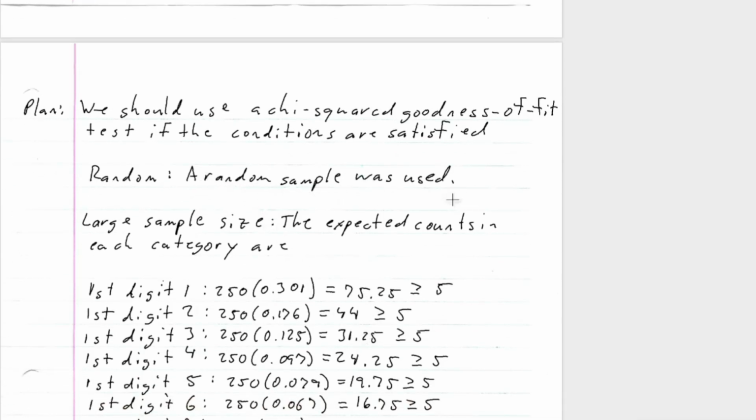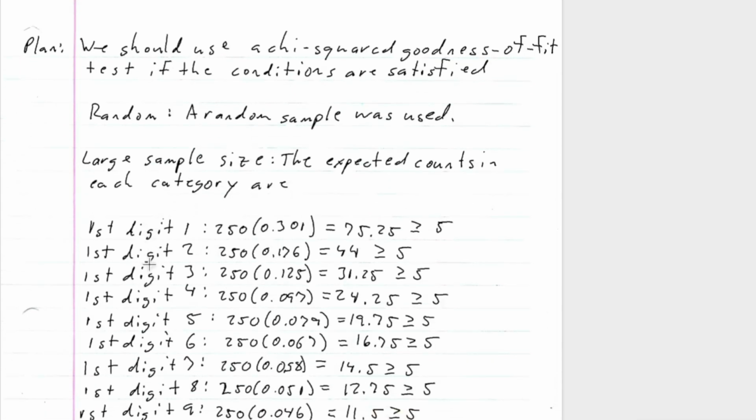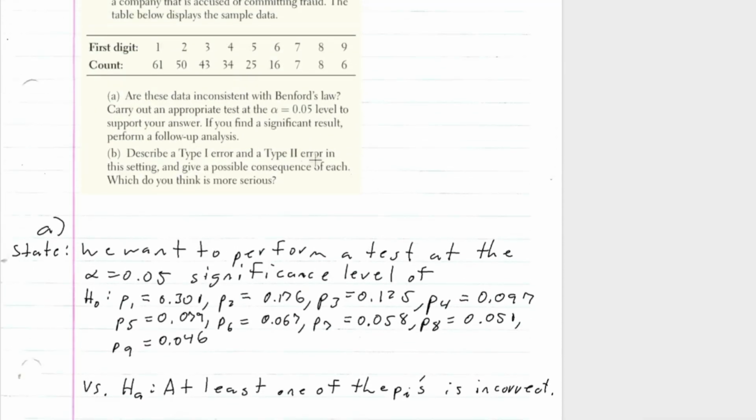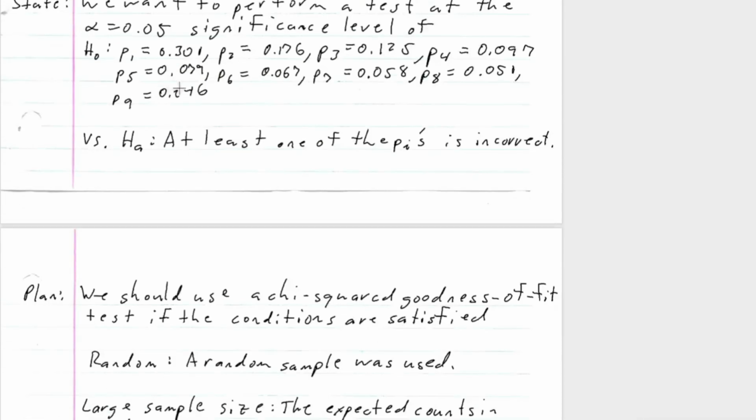A random sample was used. For a large sample size, the expected counts in each category are, for the first digit, out of 250, you multiply by the proportion it should be, and there should be around 75.25 first digits of 1 in our sample, which, as you can see, is a huge discrepancy already.